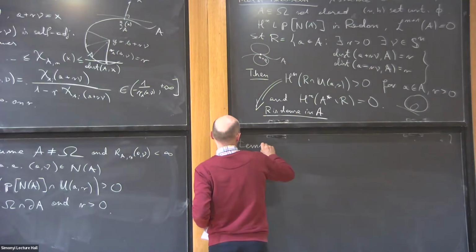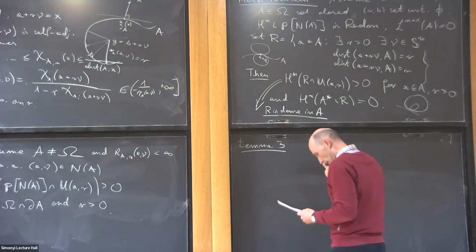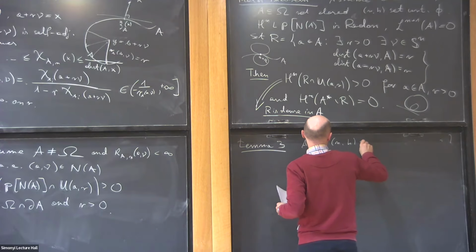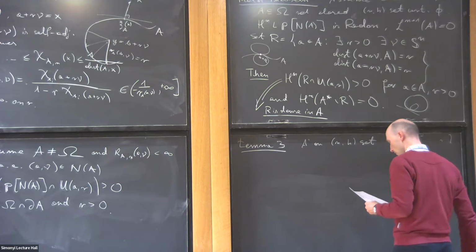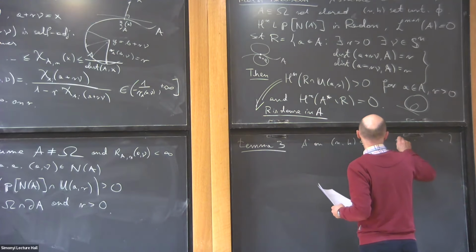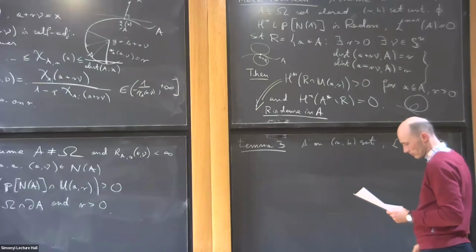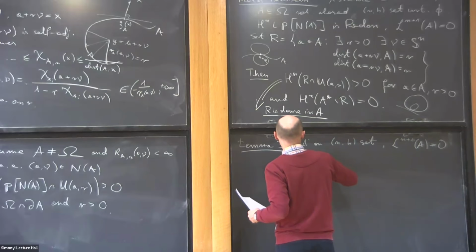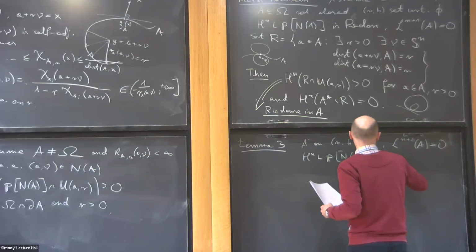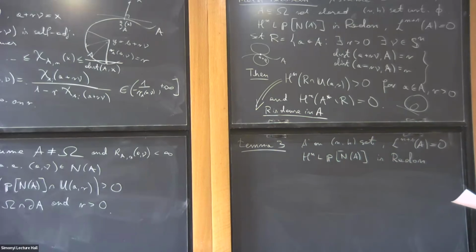Now there is lemma 3. Lemma 3 says that if you have an NH set, where is it? Here, which has 0 Lebesgue measure, and you know that the set of points that can be touched by a ball has locally finite measure. So this is Radon.